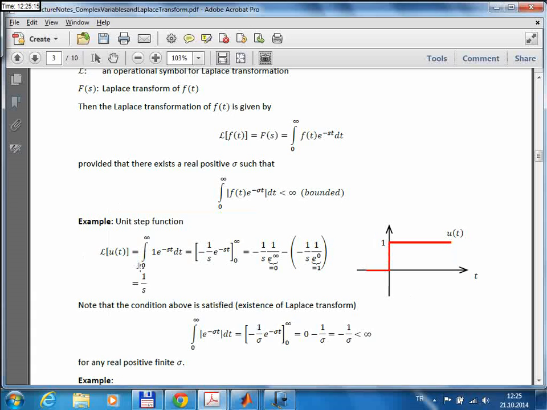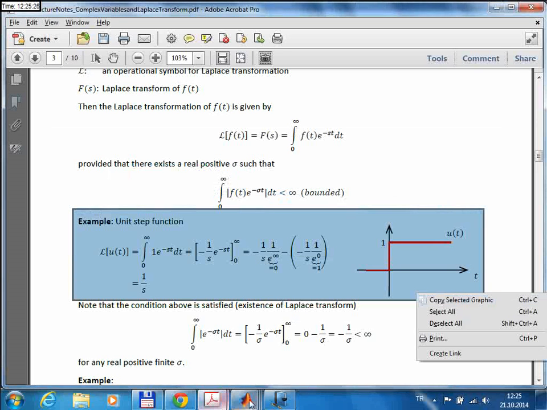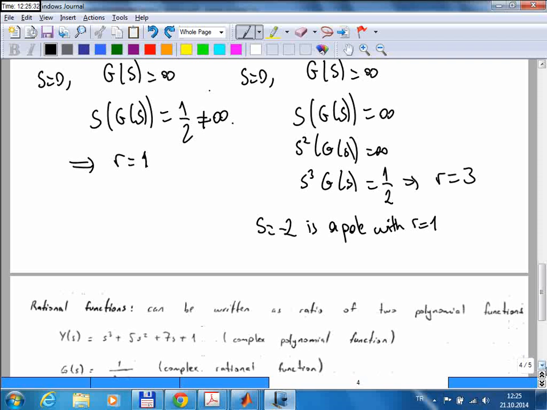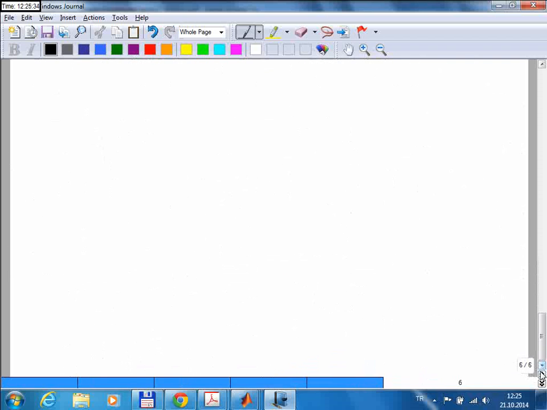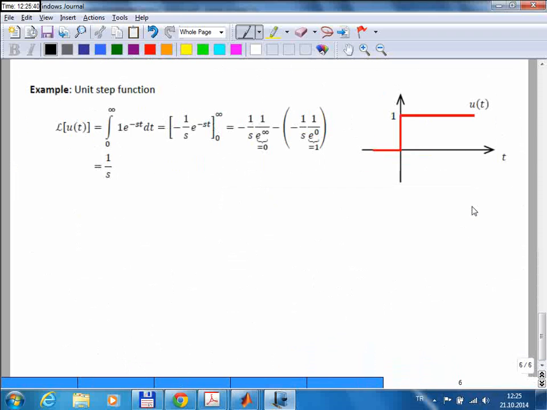Since we are taking the integral from 0 to infinity, we are considering this right half part.